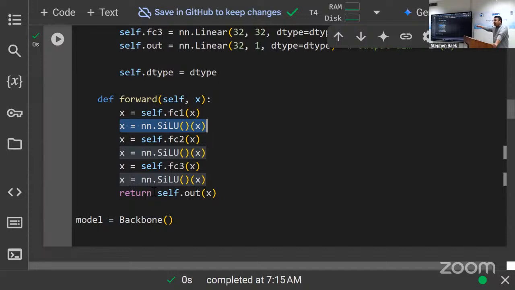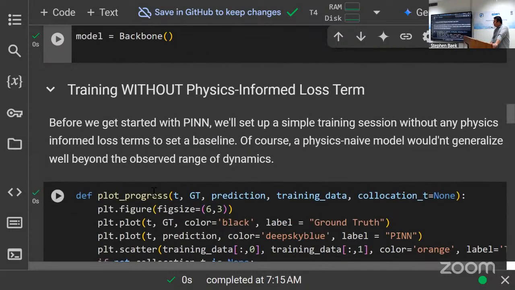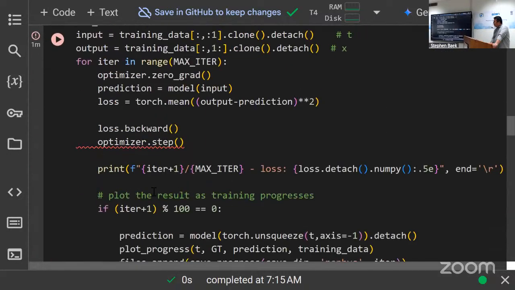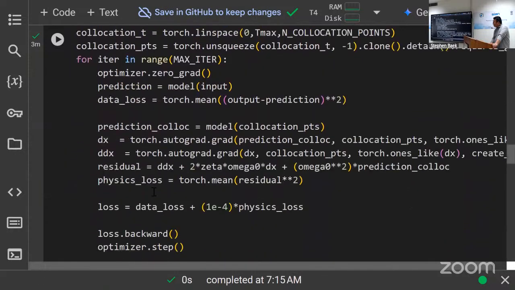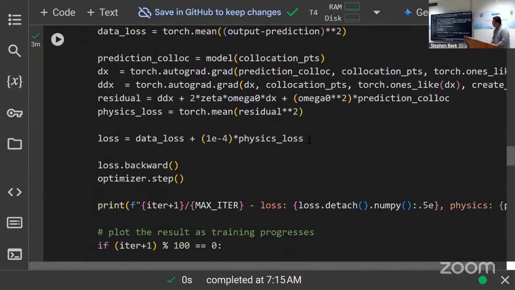The first derivative of ReLU is a constant. With that constant, what are you optimizing? Nothing. You cannot optimize anything if it is constant, right? The second derivative is also constant, which is 0. Because the whole idea of physics-informed loss is to change the neural network parameters to minimize the residual.